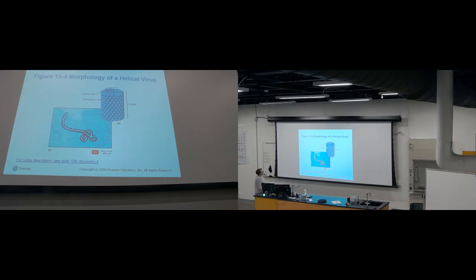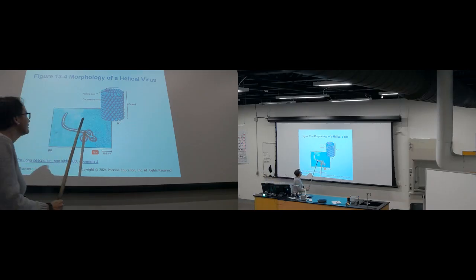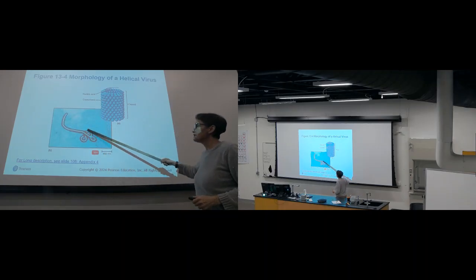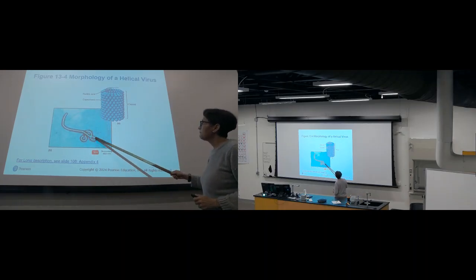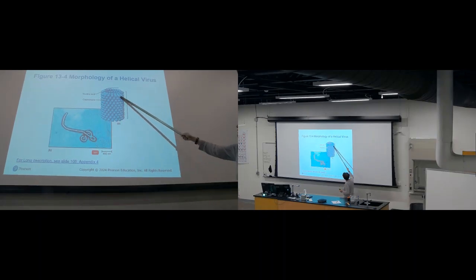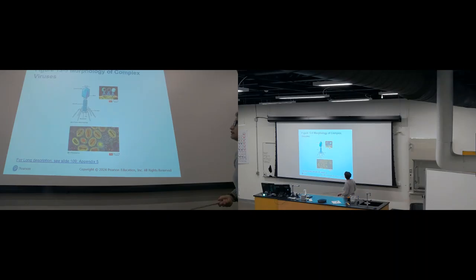So here we have another example of these helical viruses, like Ebola. And then if you take a segment of this piece and magnify it, you can see that you have a hollow core where you keep the nucleic acid. Here is the bacteriophage.